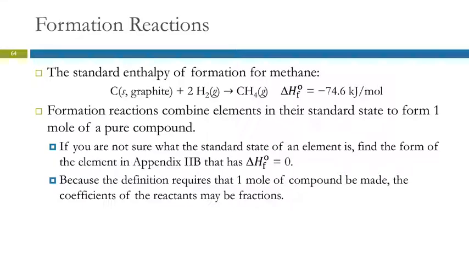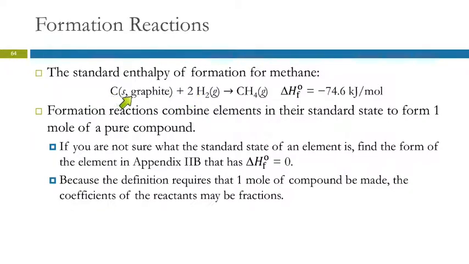So let's look at methane. So methane is CH4, and the standard enthalpy of formation for methane is negative 74.6 kilojoules per mole. And we can write a formation reaction equation for this. So here we have methane, and here we have the elements that are present in methane, carbon and hydrogen.